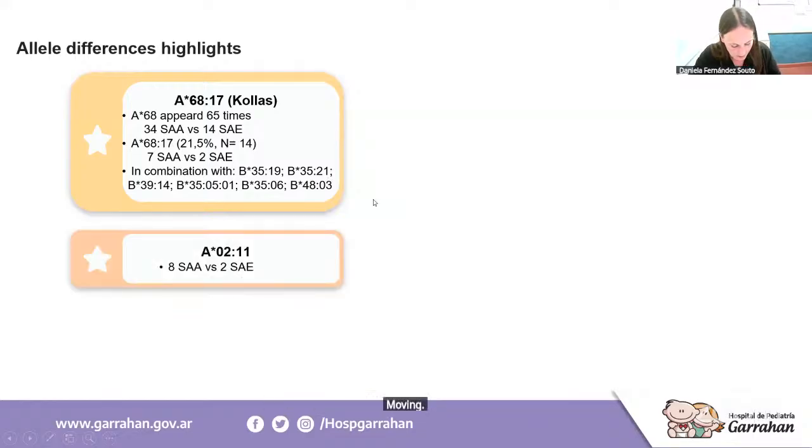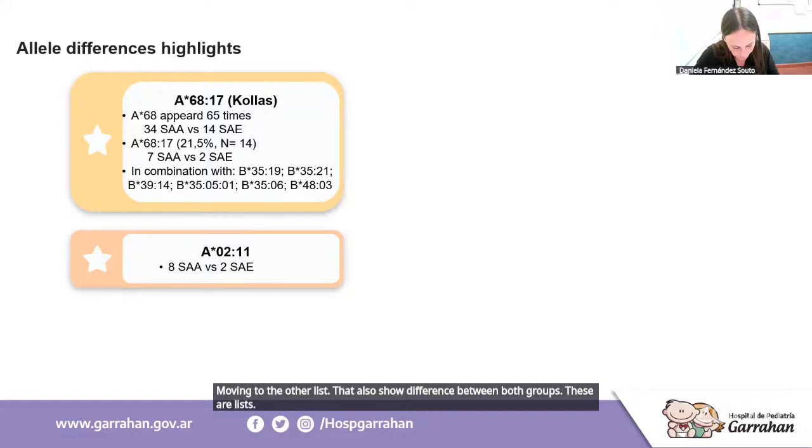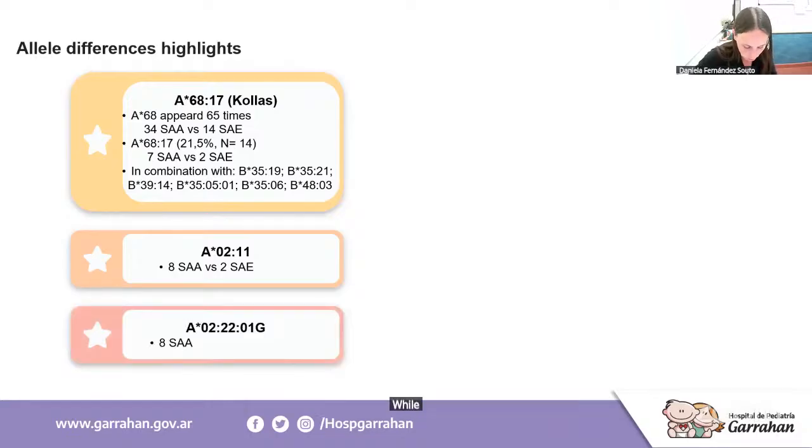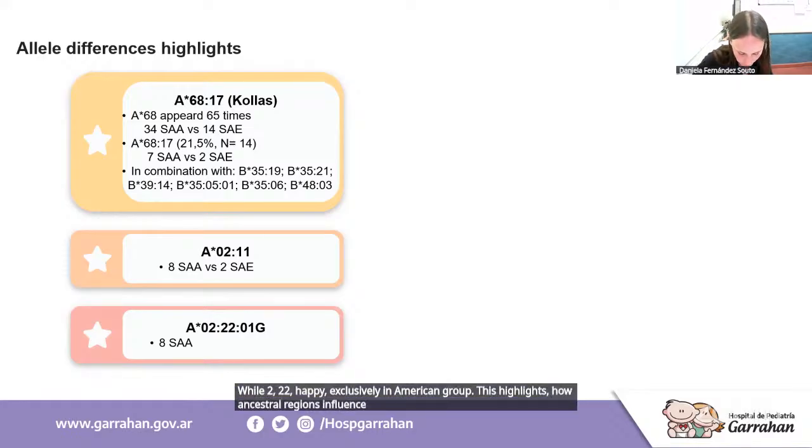Moving to the other alleles that also show differences between both groups, this allele was found 8 times in the Amerindian group and 2 times in the European group, while another appeared exclusively in the Amerindian group. This highlights how ancestral origins influence allelic distribution.